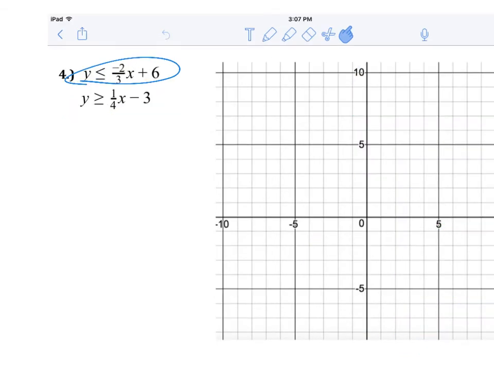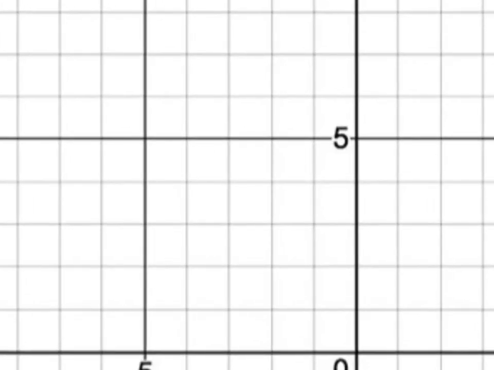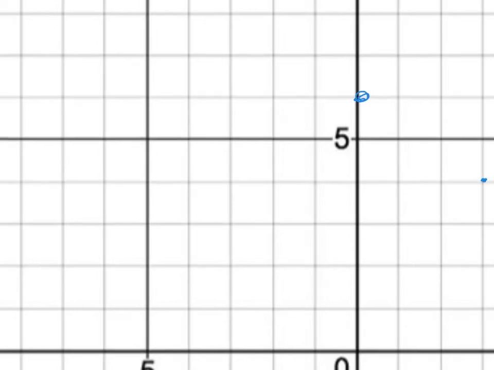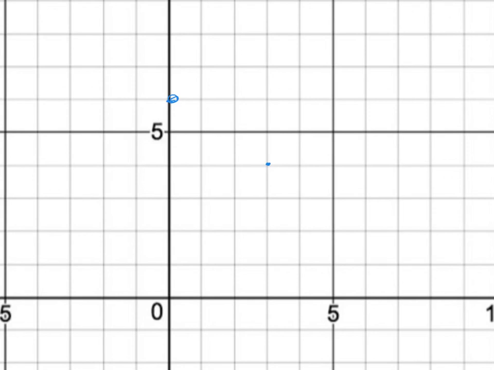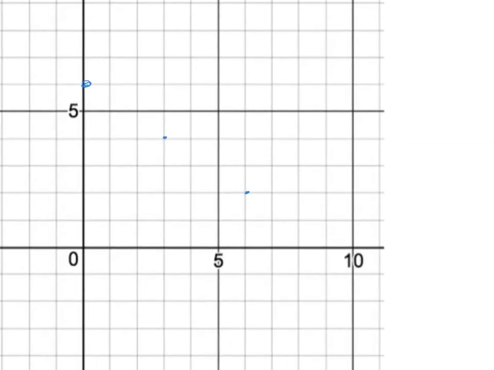For our last problem, I'm throwing some fractions in here, but remember it's okay, it's just the slope. For the first one, we're going to start at 6 on the y-axis, and we're going to go down 2 over 3 to the right. Down 2, over 3, and one more point.